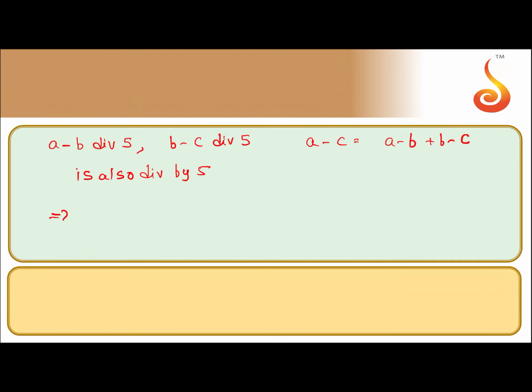So this implies A minus B divisible by 5 is an equivalence relation. So it is symmetric, it is reflexive, also it is transitive.